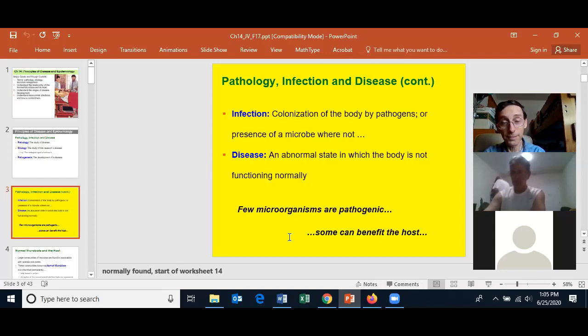If it is causing disease, then it is because it's growing where it should not normally be. So few microorganisms are pathogenic, and some microorganisms actually benefit the host. Generally speaking, the normal microbiota benefit the host. Any question about that?